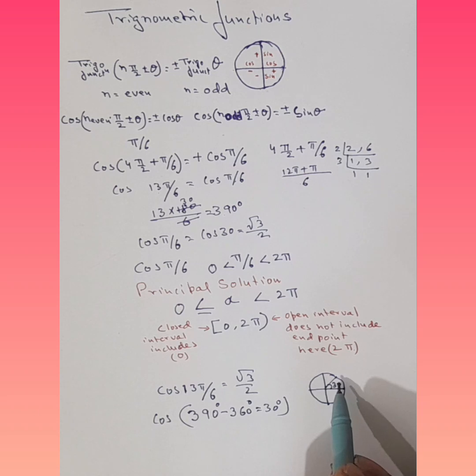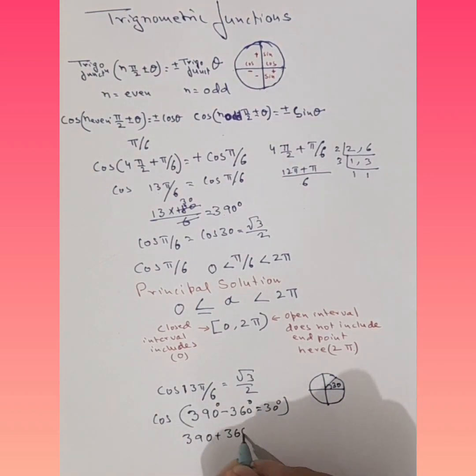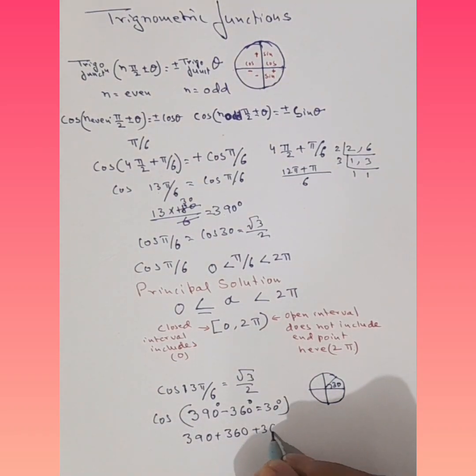That's the reason why we call it a general solution, because it won't have just one angle, it won't have just 390, it would also be 390 plus 360, that would be one angle. Then again add another 360, that would be yet another value.